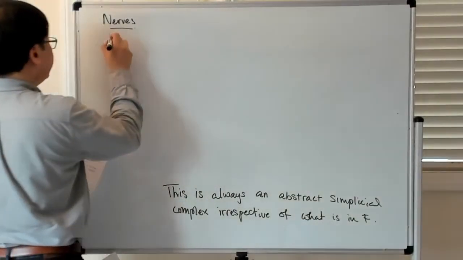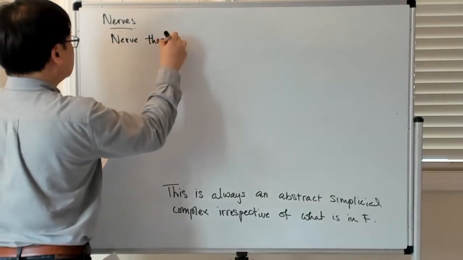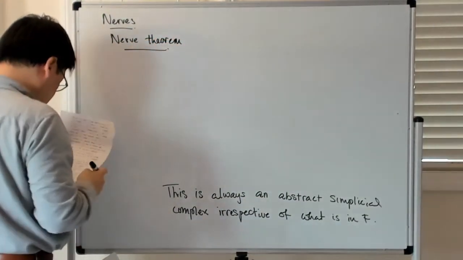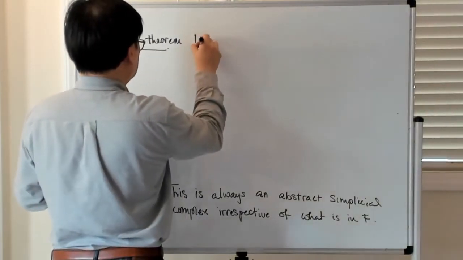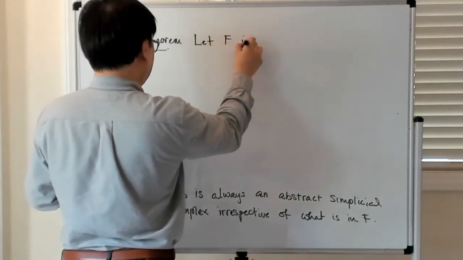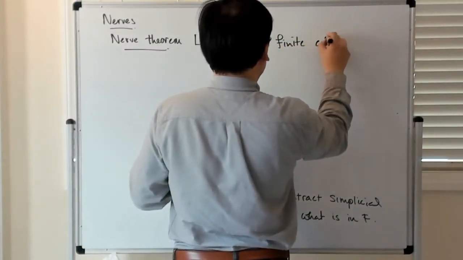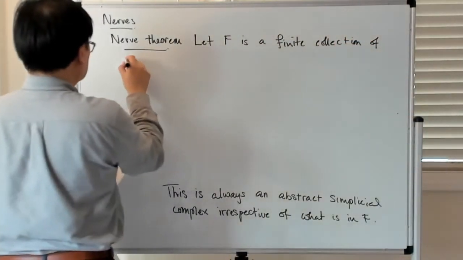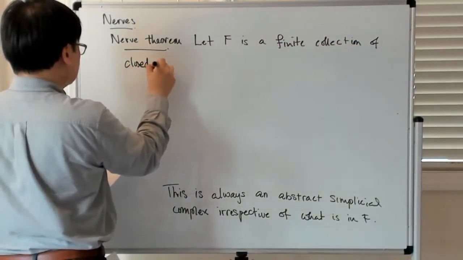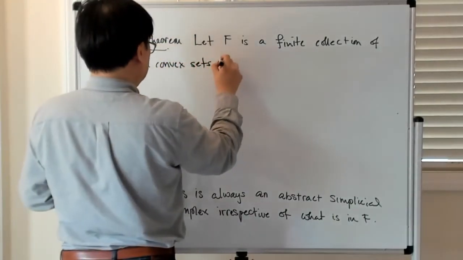Okay, so the nerve theorem is the following. Let's say that F is a finite collection of closed convex sets in Euclidean space.